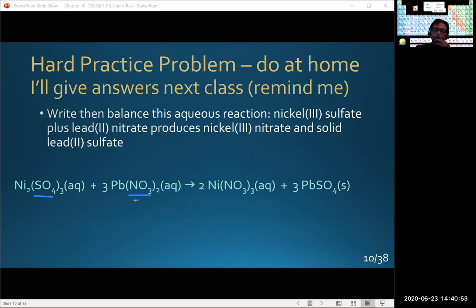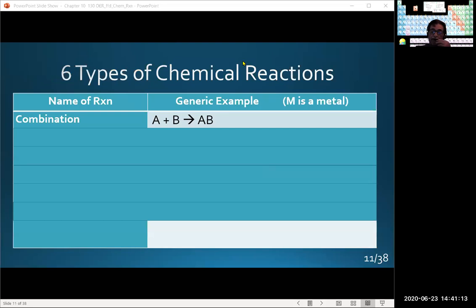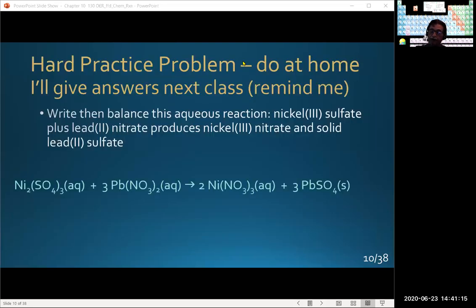So give that one a try on your own and see if you can work it through. The answer is there, but see if you can work it through on your own. And if you're having a challenge with it, we can bring it back here and work it. If you got this one worked out, the other ones you're going to be doing will be a piece of cake.